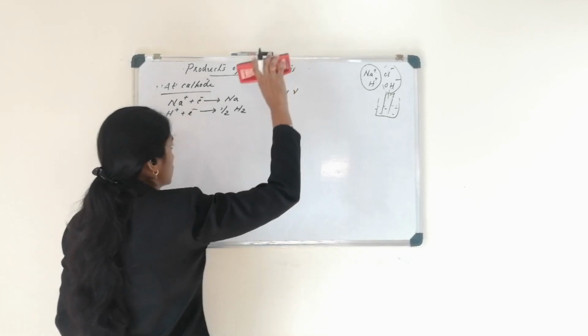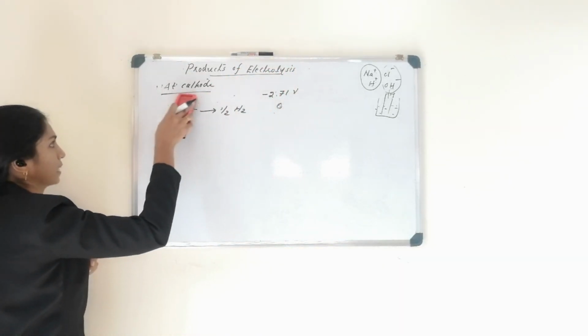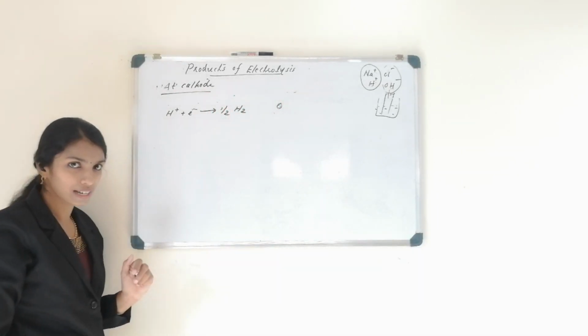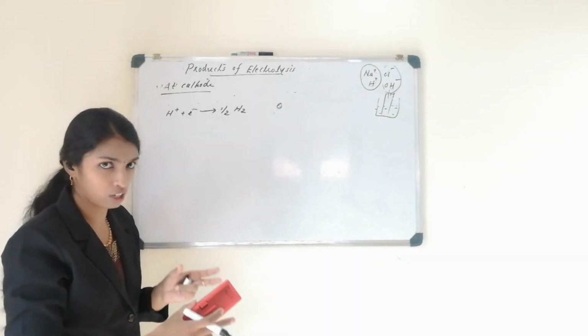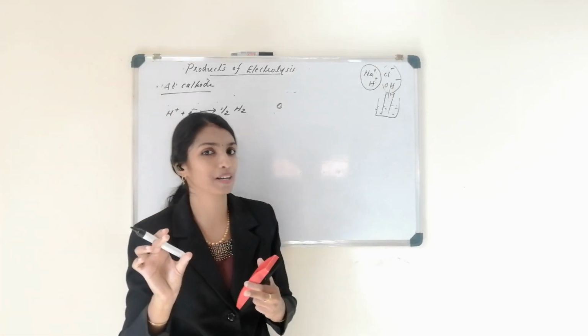So the reaction that occurs at the cathode is H+ + electron gives half H2, right? But this H+ is actually coming from water. This H+ is produced by the dissociation of water molecules, right?